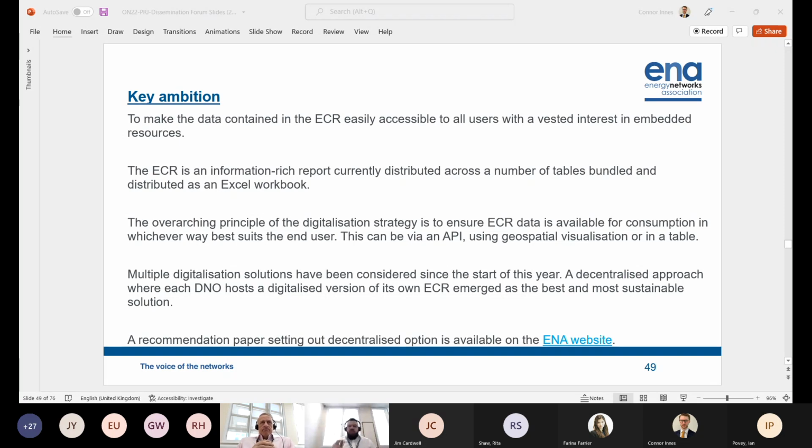I have included a link to the recommendation paper that made the conclusion about why this option is probably the best. So if you've got access to these slides, you would be able to look at this report, and hopefully it will provide more information as to how we got to that conclusion. Can we go to the next slide, please?